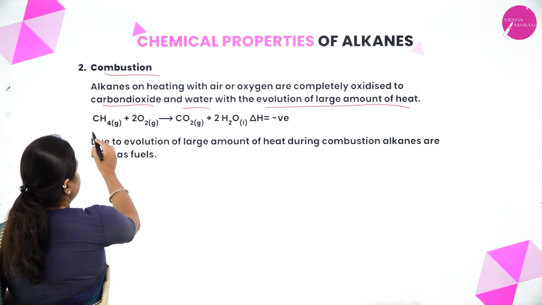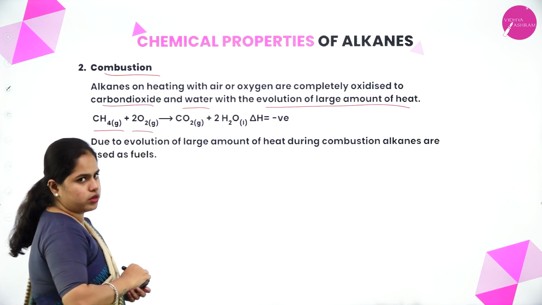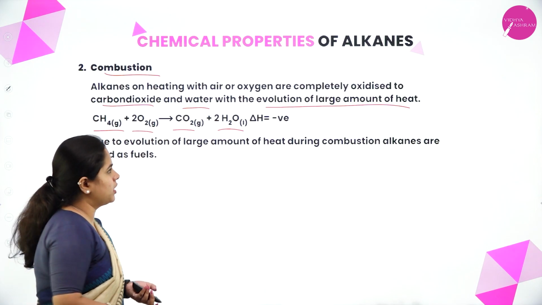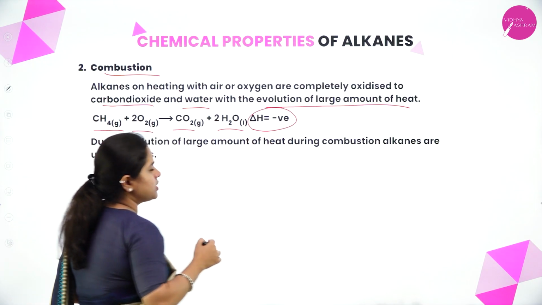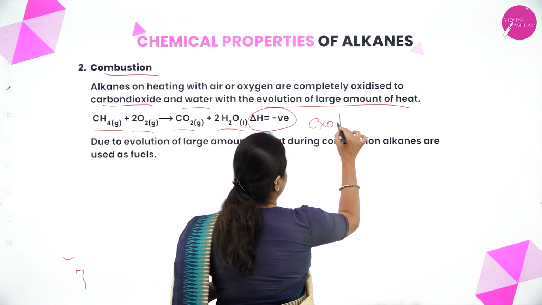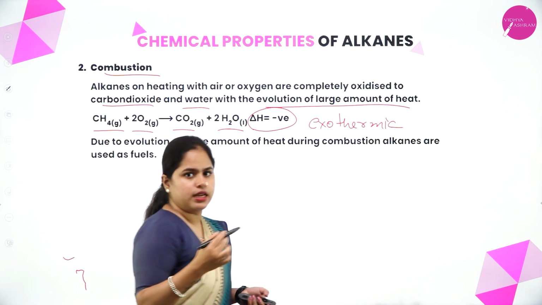Methane has been taken here. The simplest alkane combines with oxygen and forms carbon dioxide and water. This is a balanced chemical equation, and you can see delta H is negative. That means it is an exothermic reaction. Energy is released in this reaction.